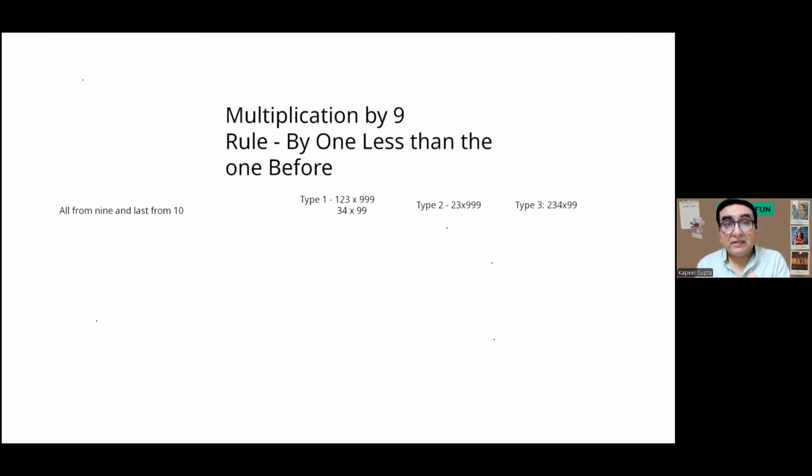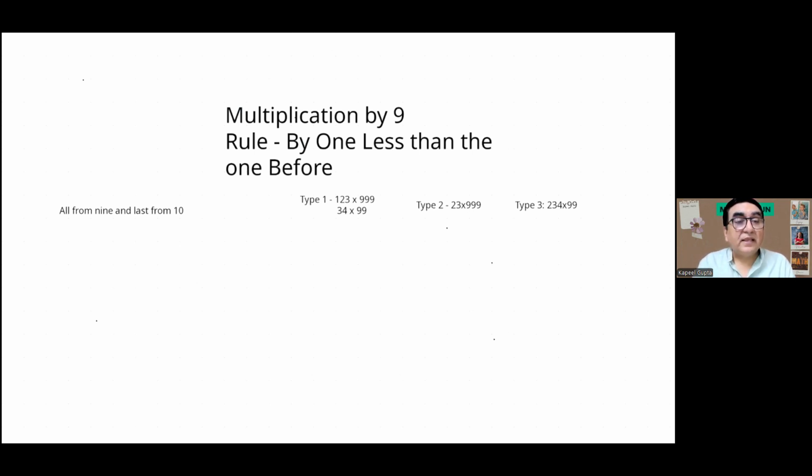That the multiplicand, 123, and the multiplier, 999, both have an equal number of digits. 34 is a two-digit number, and I'm multiplying it by double nine, another two-digit number.